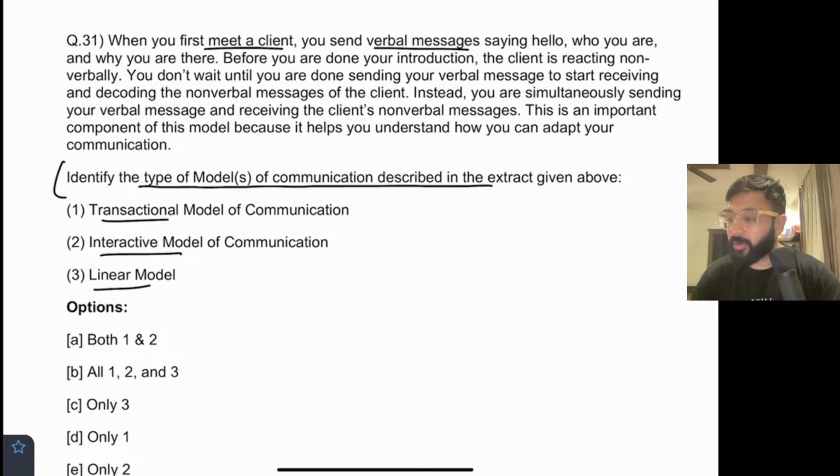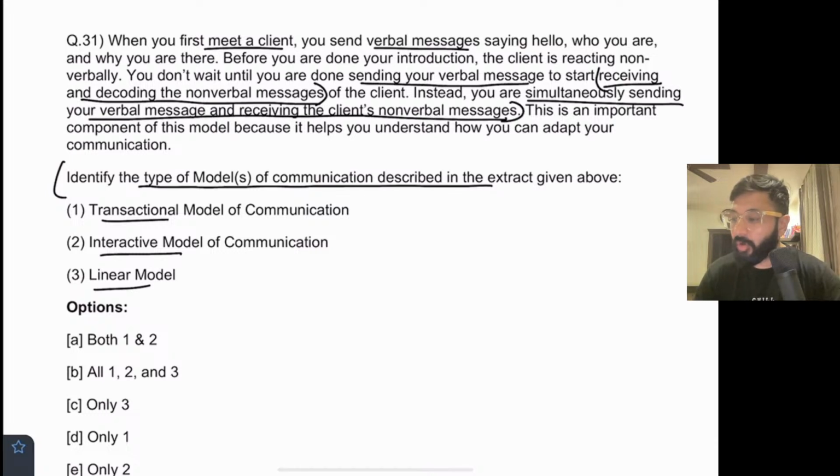You don't wait until you're done sending your verbal message to start receiving and decoding the non-verbal messages of the client. Instead, you're simultaneously sending your verbal messages and receiving non-verbal messages. This is an important component of this model because it helps you understand how you can adapt your communication.